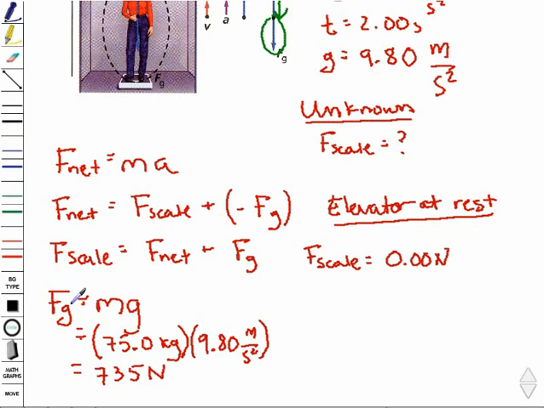So we're going to take this F g, plug it back into our formula for our scale for the elevator at rest. So we're going to plug in our 735 newtons. When you add that to 0 newtons, you find that the force of the scale in the upward direction, which remember was positive, will be 735 newtons.